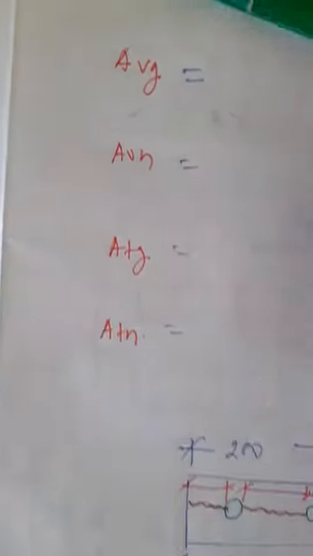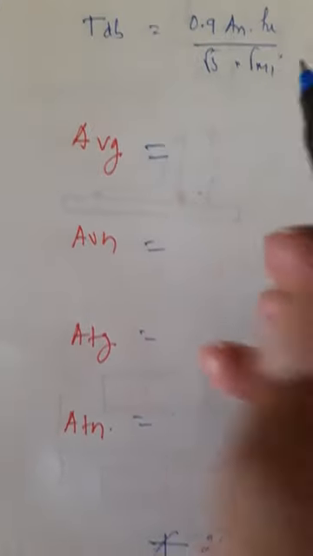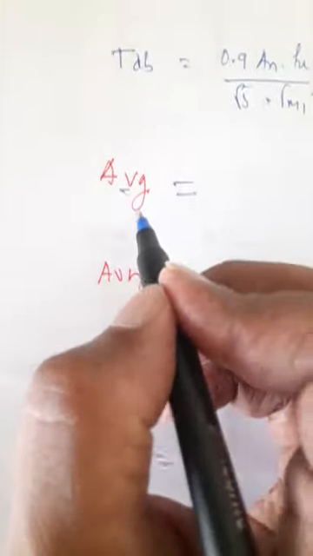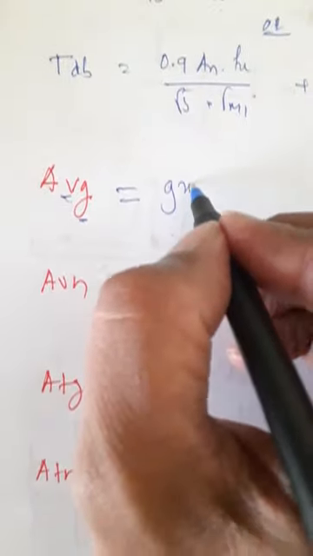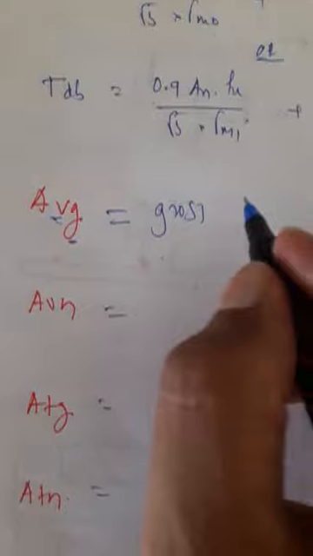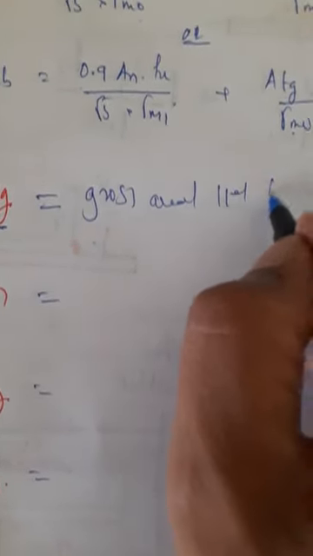Now AVG. Here just remember the terms indicate all the things. V indicates shear, G indicates gross. So this is gross area parallel to load.